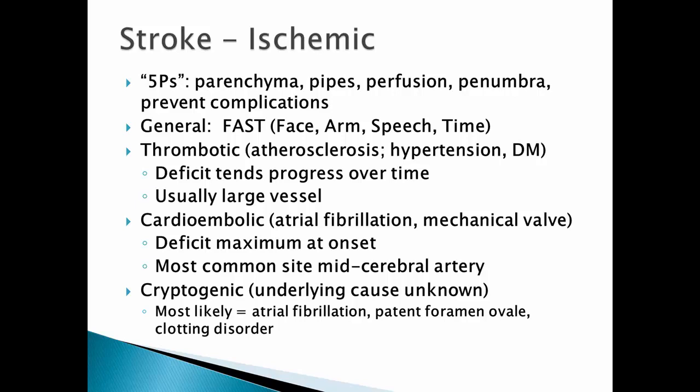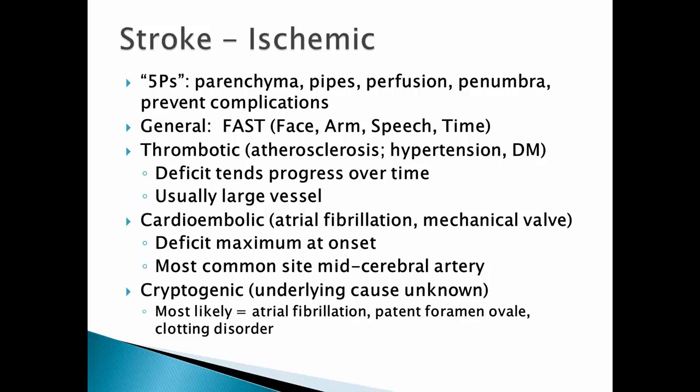So there are two primary categories within ischemic stroke: thrombotic and cardioembolic. A thrombotic ischemic stroke is usually due to an atherosclerotic process, frequently related to hypertension and diabetes. With a thrombotic stroke, we're talking about the vessels inside the brain.